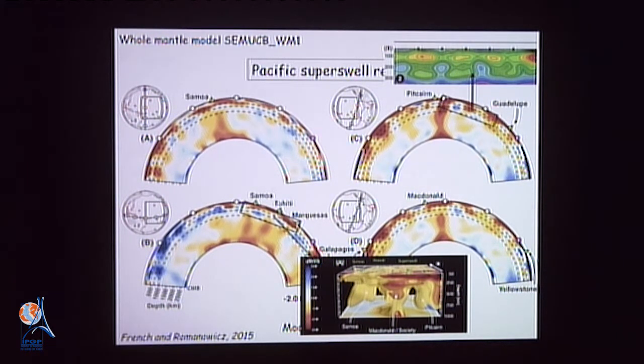The studies that claim that LLSVPs are denser than average have more resolution at the very base, maybe the last 100 kilometers. And those based on travel times that think you can explain everything with just thermal, they just don't sample that region. So it could be a rather thin region of denser material. Maybe chopped up into pieces, I don't know.